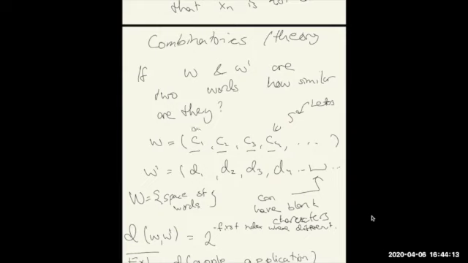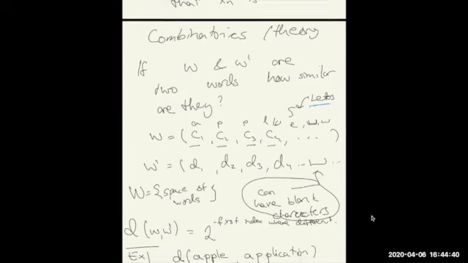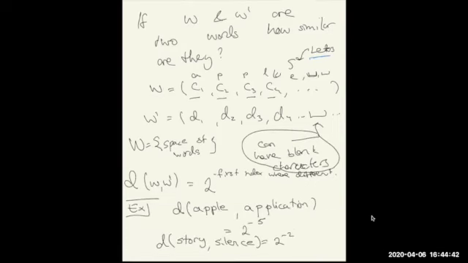For example, A, P, P, L, E would be a word in the English language. We have a set of letters that depends on the language that we use, or it could be characters depending on the language. And, well, words end at some point, so we do have to allow a blank character. So I will just denote it by a bracket, so every word in our case ends with an infinite sequence of brackets.